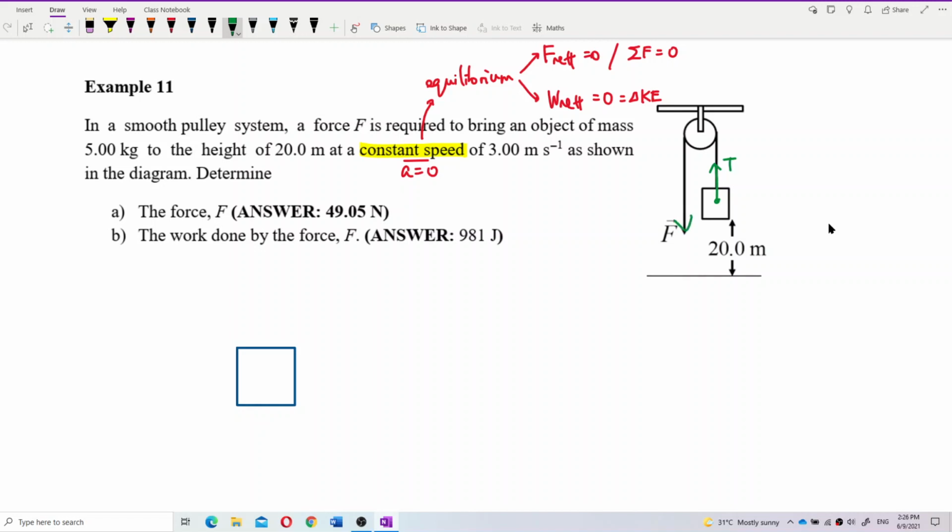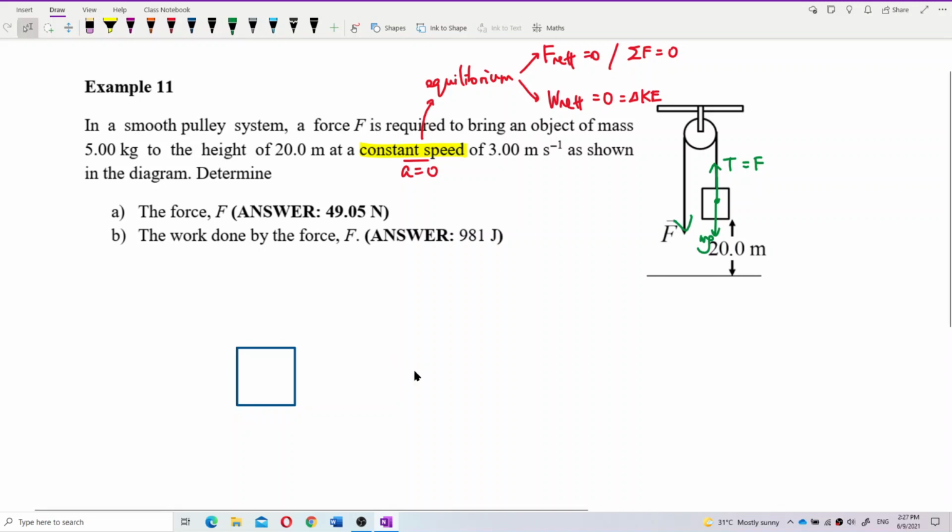So actually this force is the tension. This tension is equal to the force. You can write this as tension, or you can write it as force also. And then it also has mg, the weight.